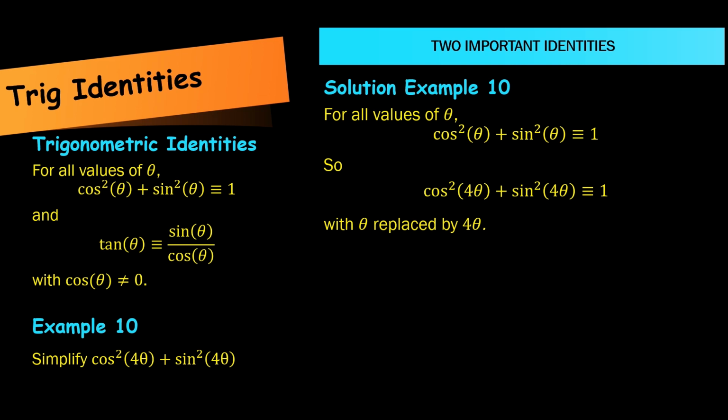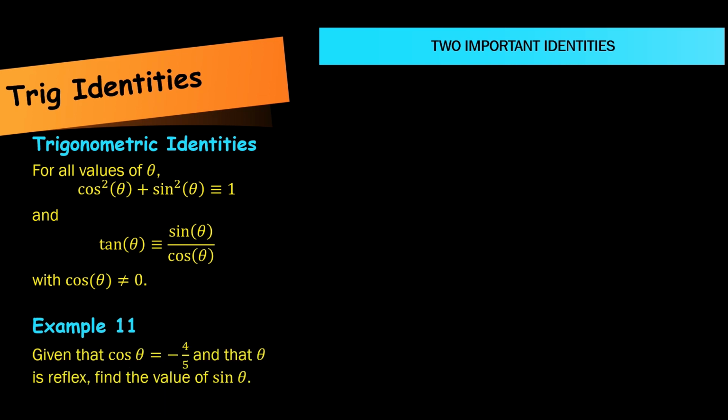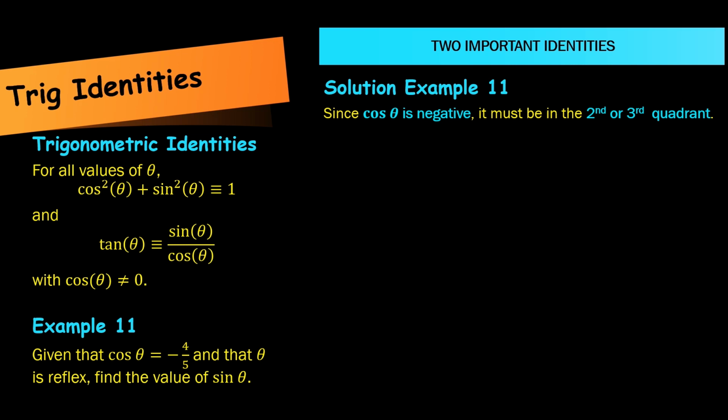Now let's take a look at another example. Pause the video and have a go. Press play when you're ready to view the solution. So in this example, given that cos theta equals minus 4 over 5 and that theta is reflex, we are required to find the value of sine theta. So let's solve this. Since cos theta is negative, it must be in the second or third quadrant.